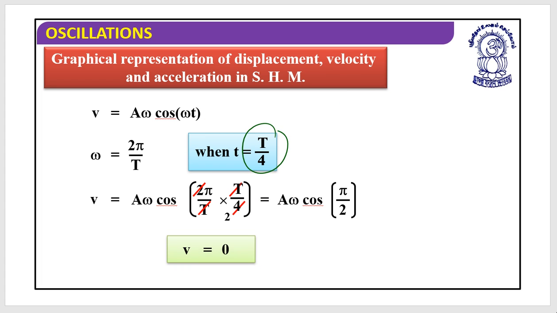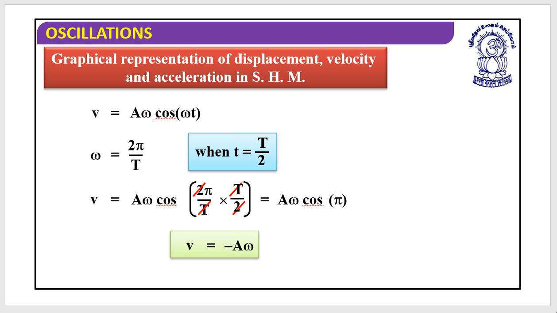In the same way, let's calculate it for t equal to T by 4. So this is a omega cos 2 pi by T into T by 4. This T cancels, and 2 over 4 gives pi by 2, so it is cos 90 degrees, which is 0, so the velocity would be 0. Next is the situation when time is T by 2.